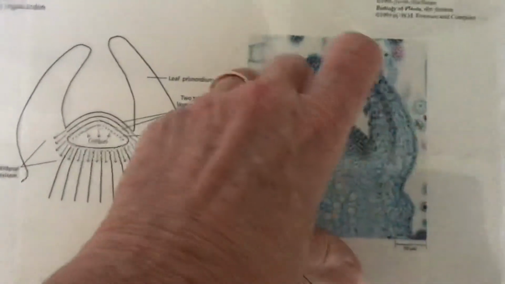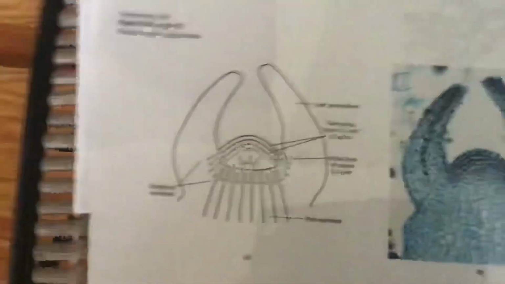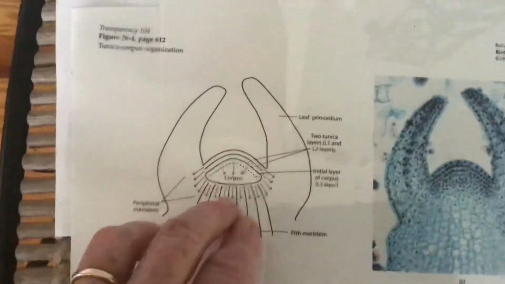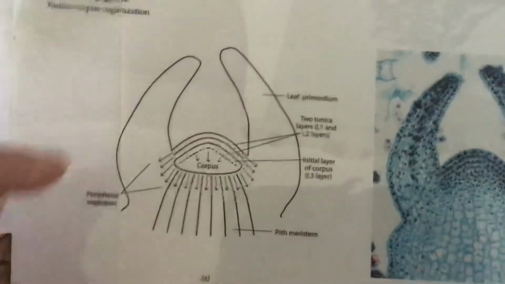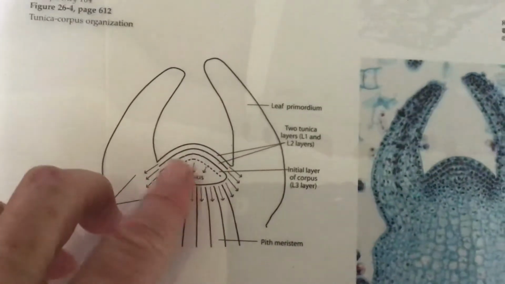Now, looking at the apical meristem, there's three basic areas, generally called L1, L2, L3.